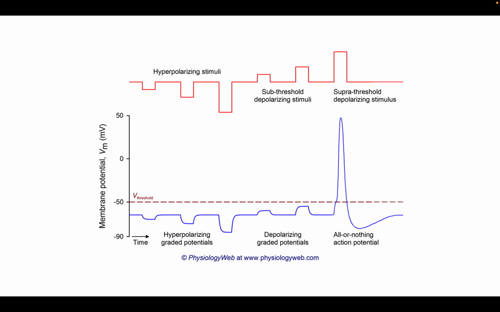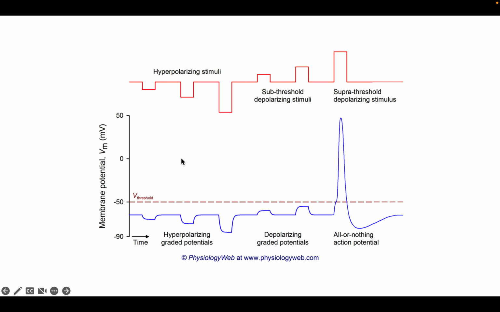So what this means is that if you have a stimulus that is inhibitory, it is a negative stimulus. So in other words, it's moving us further away from getting our action potential. What you see is these three right here. So these three here are negative, inhibitory, or what we'll call hyperpolarizing stimuli, all right?